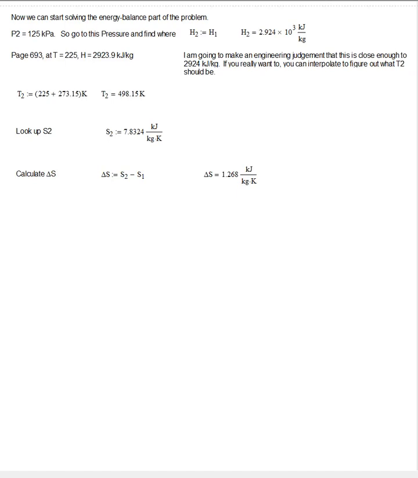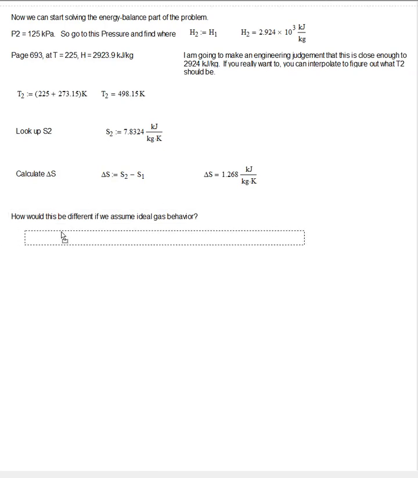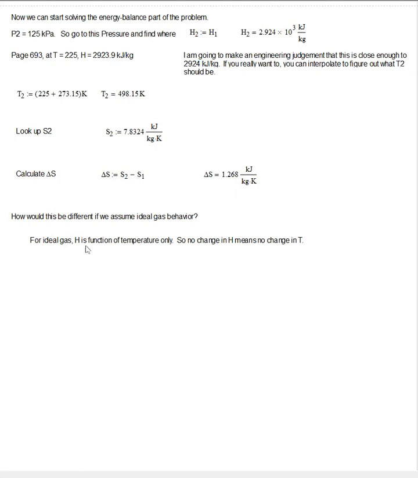Now the rest of the problem, we've already kind of answered some of it, is how would this be different if it were ideal gas behavior? We already said that if this were an ideal gas, enthalpy is a function of temperature only. There's no change in enthalpy, so there cannot be any change in temperature. So our outlet temperature would be the same as the inlet temperature.